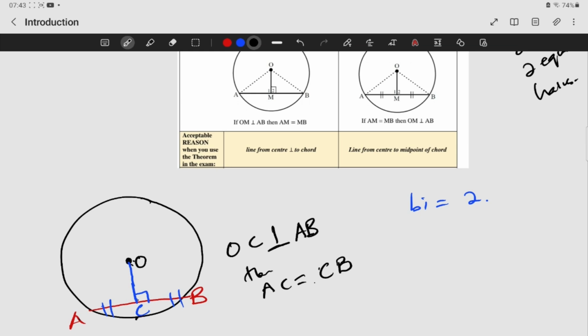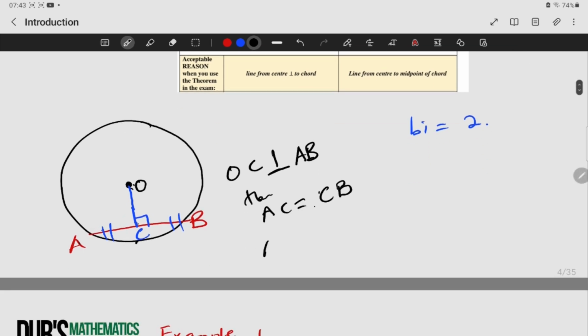You must have a line drawn from the center, and that line must be perpendicular to a chord. Therefore that line is going to bisect the chord, which means it's going to divide your chord into two equal halves. If AB was equal to 10 centimeters, then AC is going to be 5 and CB is going to be 5 because we divided by 2.